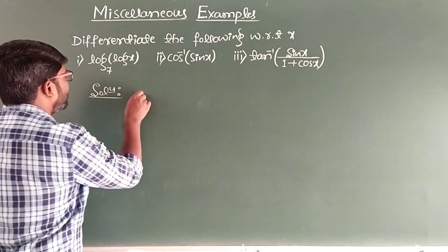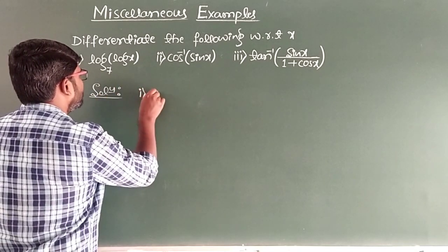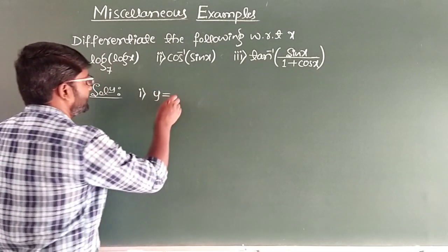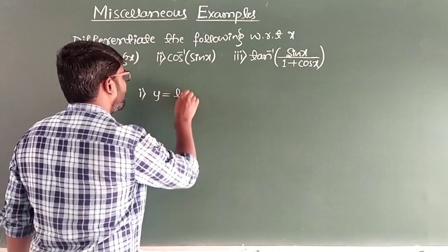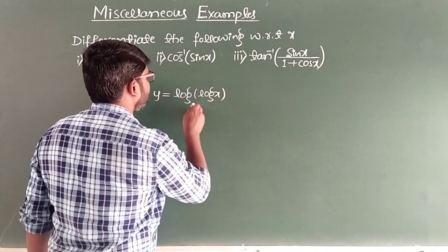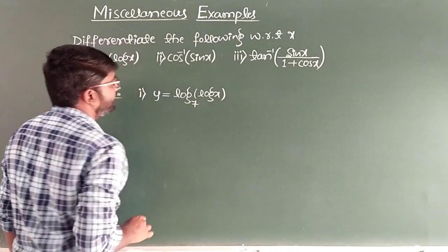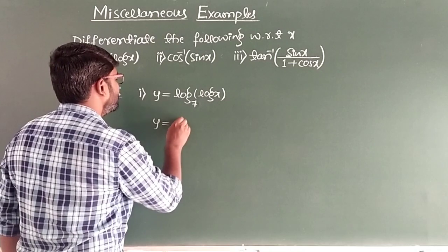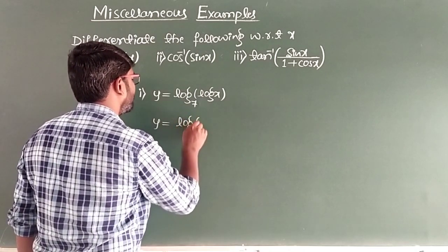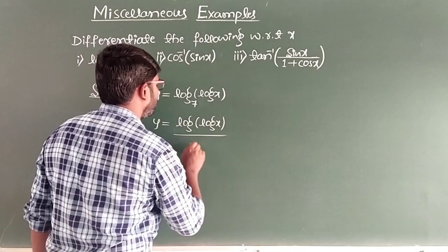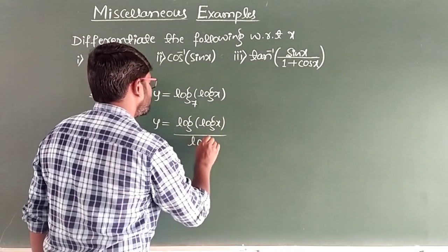So I will take this as y, which is equal to, or else you can take it as f of x. So log of log x to the base 7. Now this can be written as y which is equal to log of log x, then whole divided by log 7.